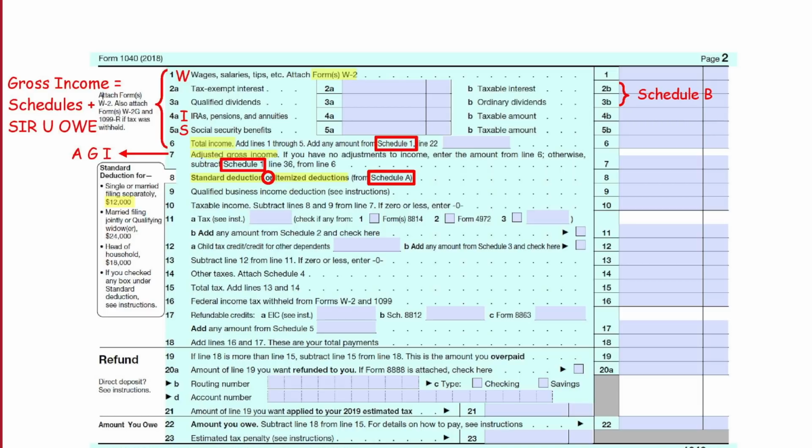Line number 9 is qualified business income deduction. Now, when we subtract lines 8 and 9 from line 7, we get line number 10, which is taxable income.